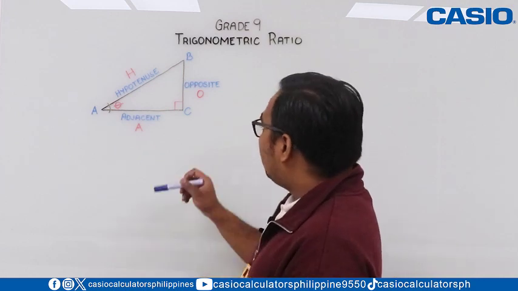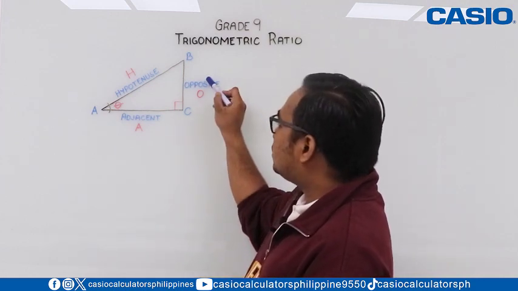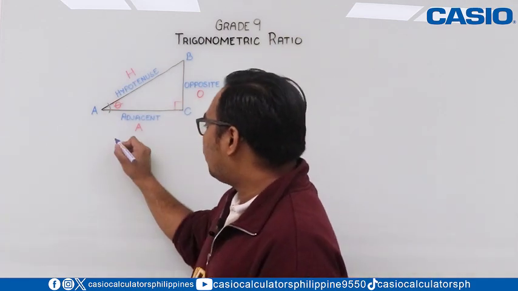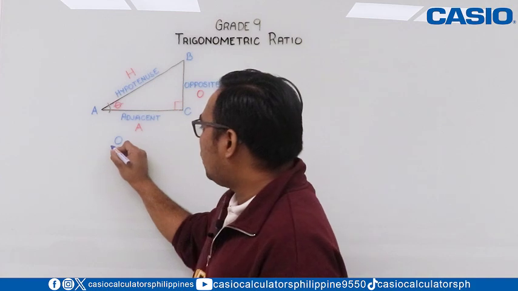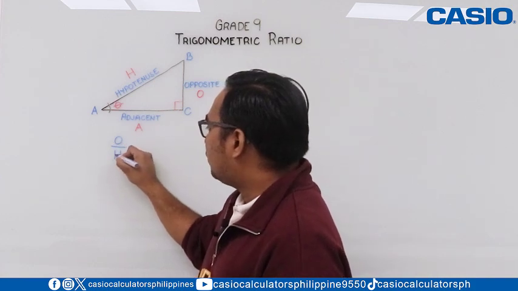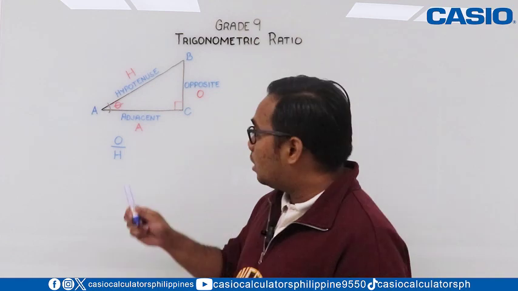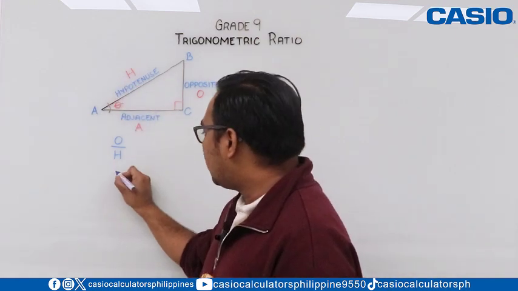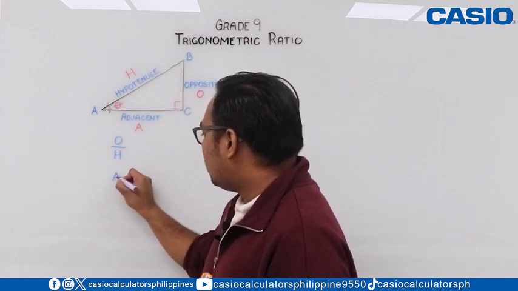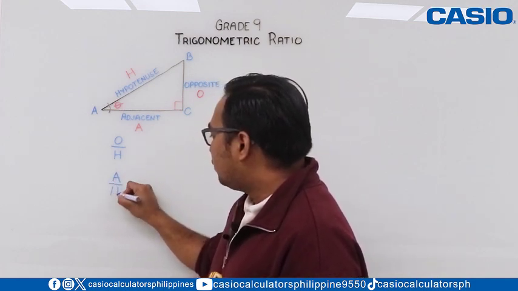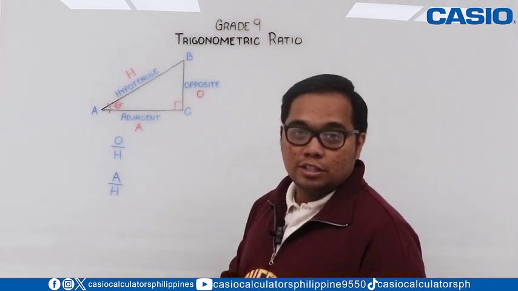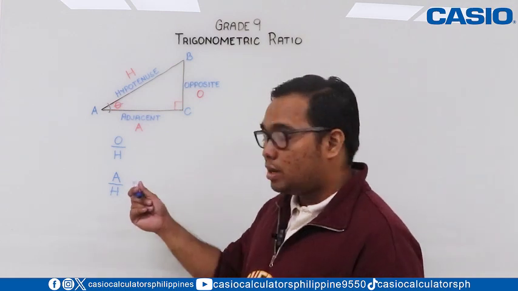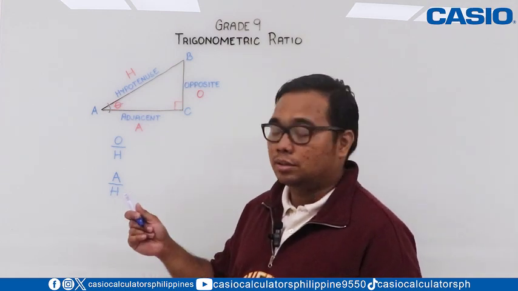Let's select the opposite side and the hypotenuse, so that the ratio will be O is to H. And then I will select the adjacent side and the hypotenuse, and that will be the ratio A is to H. Now, if you remember in grade school, we can define a ratio as a fraction. So I will define the ratio as fractions.